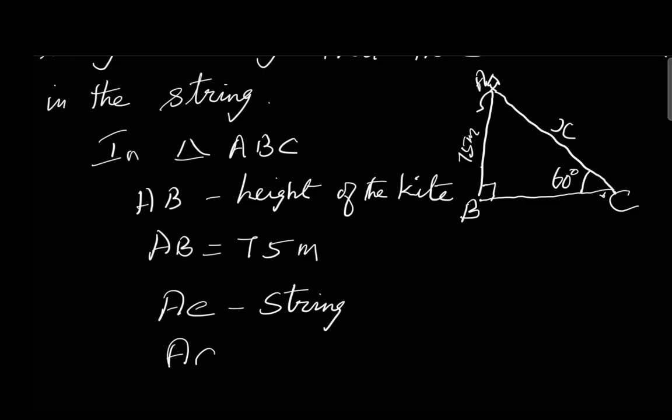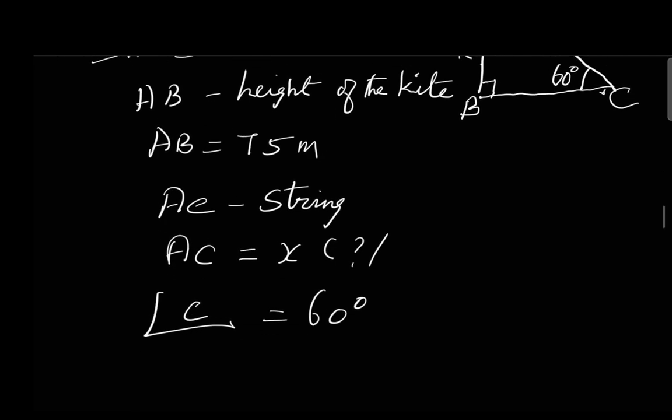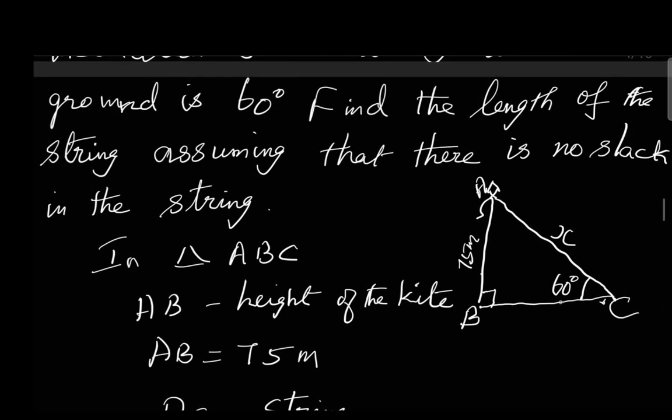So AC only you have to find, x, question mark. And they given this is the position of angle C here, 60 degree. The remaining letters you write on both sides, A, then here B. So ACB equal to 60. So the known value was opposite side of 60 and the unknown value was opposite of 90, that is hypotenuse.